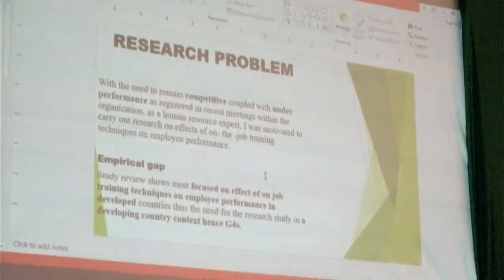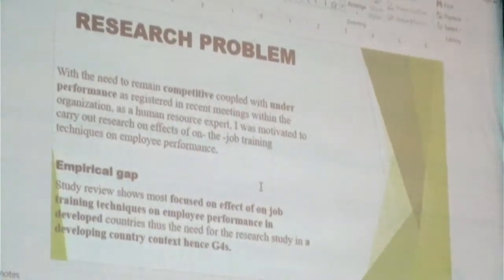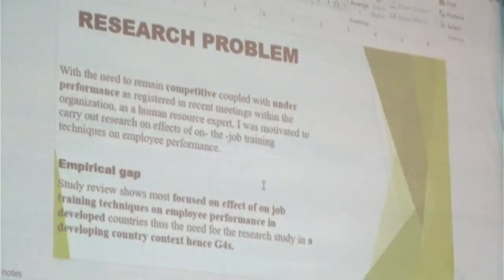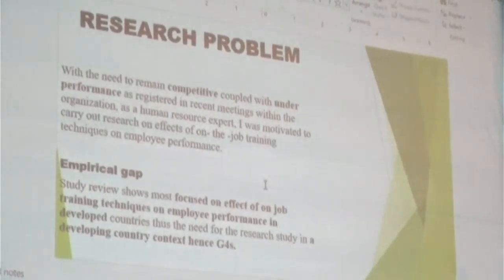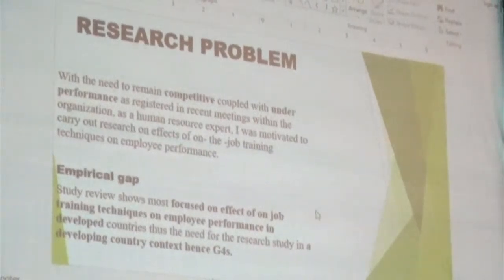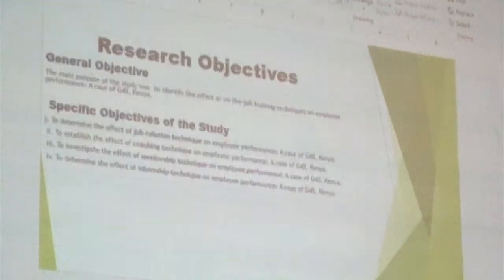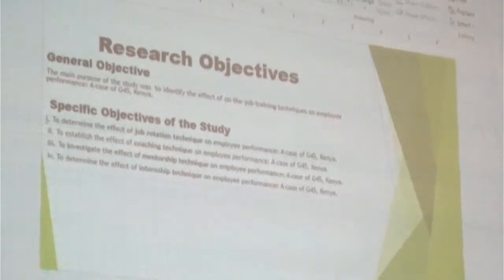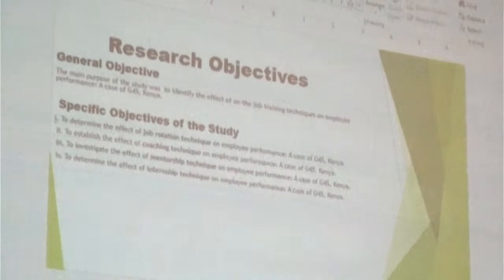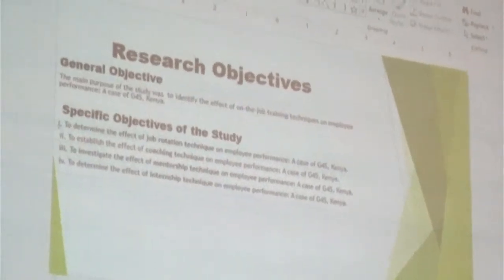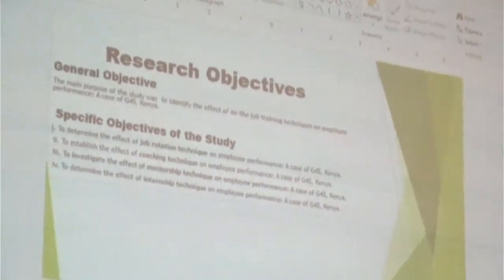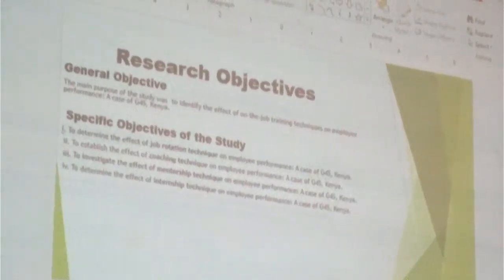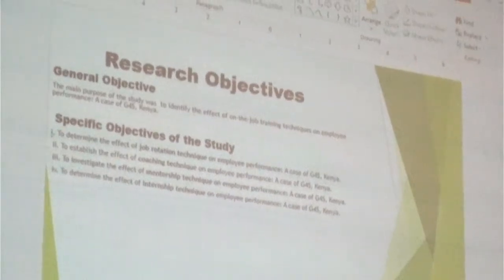Even though research has been carried out in the same area, most researchers focused on developed countries, and I decided to focus on a developing country. The main objective was to identify the effect of on-the-job training techniques on employee performance, and the specific objectives were to determine the effect of job rotation, coaching, mentorship, and internship techniques on employee performance.